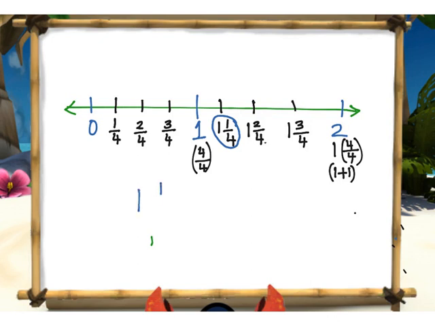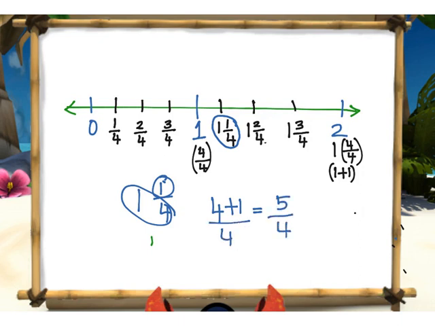so 1 1/4 can be written as, so these two will multiply. So 1 times 4 is 4, and then we have to add this one, so plus 1 equals 5/4.